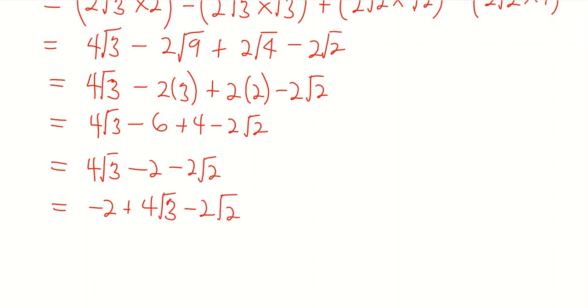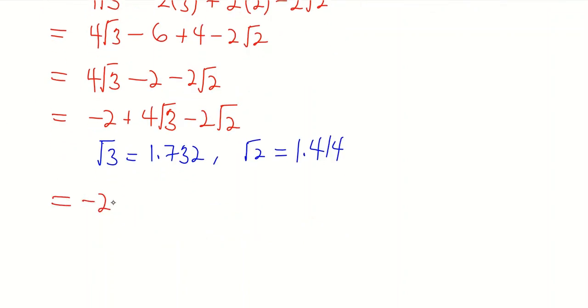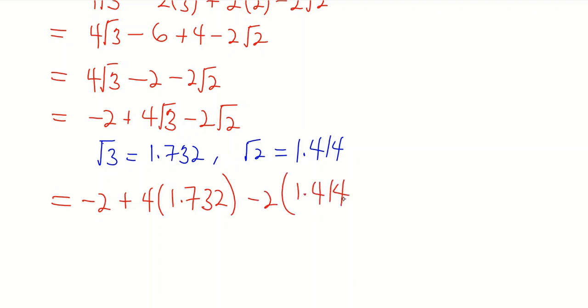But from the beginning of the question, we said that square root of 3 is the same thing as 1.732, and square root of 2 is also 1.414. Then by quick substitution, we have minus 2 plus 4, now square root of 3 is 1.732, minus 2 multiplied by 1.414.